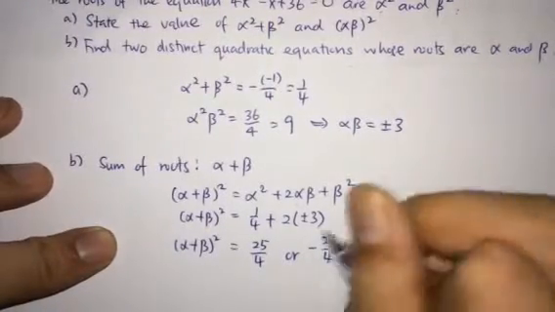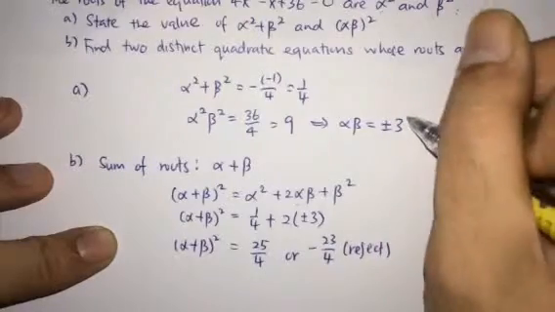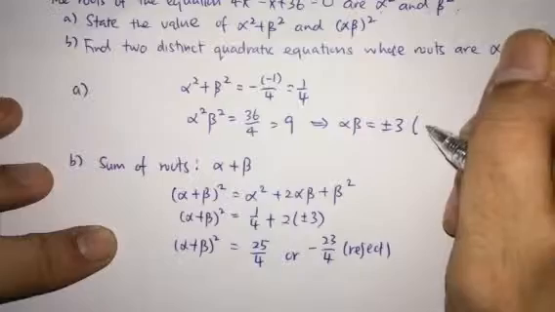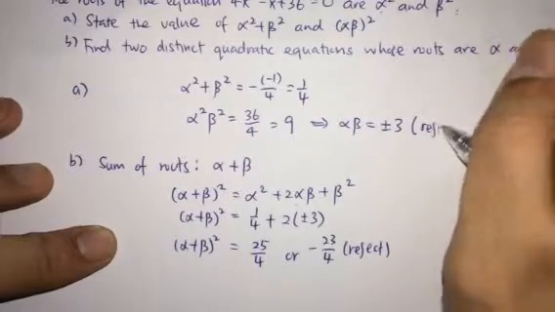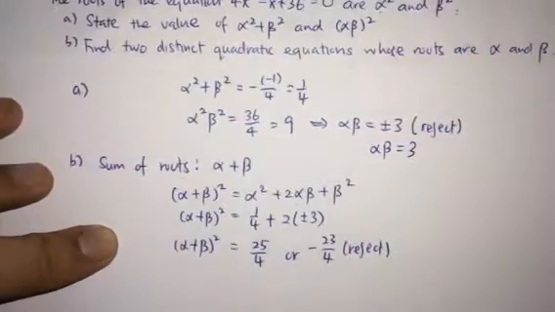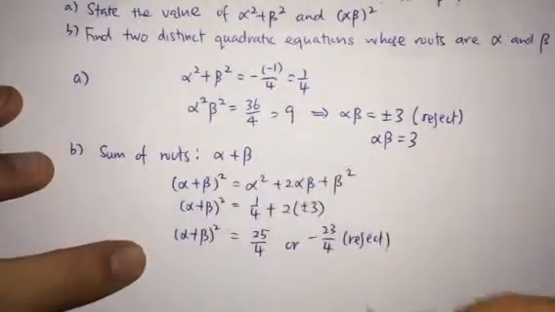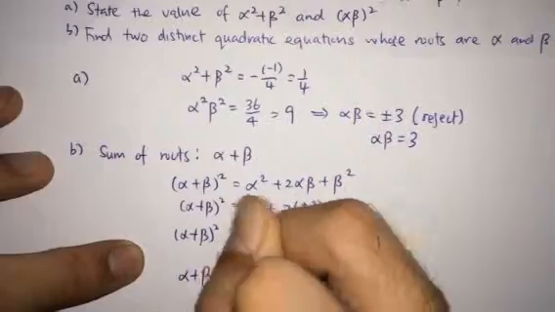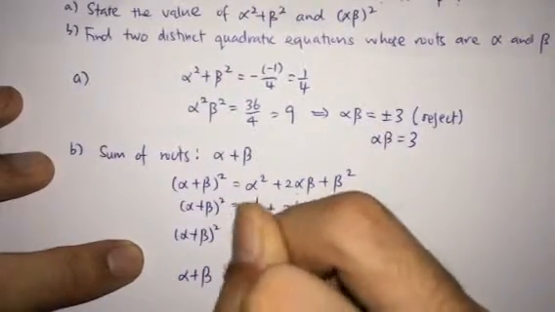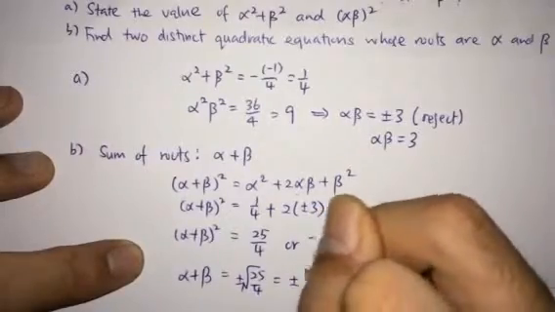If we reject this solution, this means that alpha beta is equal to 3. So back to here, alpha plus beta will give you the square root of 25 over 4, which in turn gives you 5 over 2.